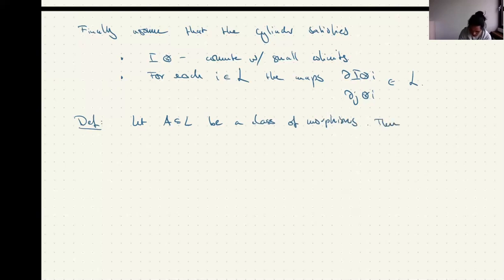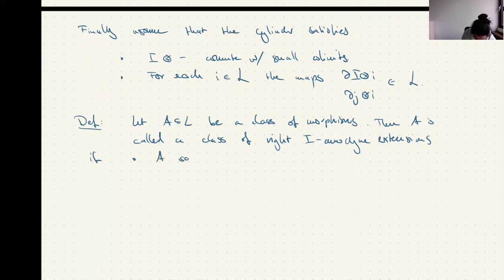Then A is called a class of right I anodyne extensions if the following conditions are satisfied. So the first thing is that A is a saturated class, and this is generated as a saturated class by a small set of morphisms.